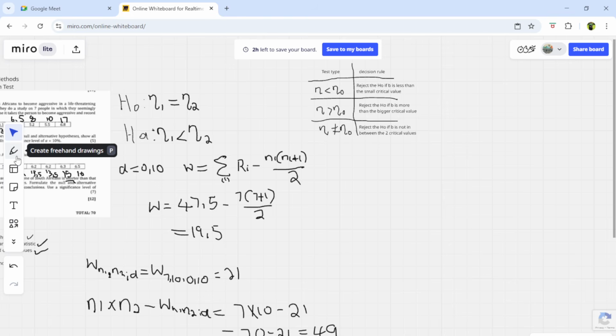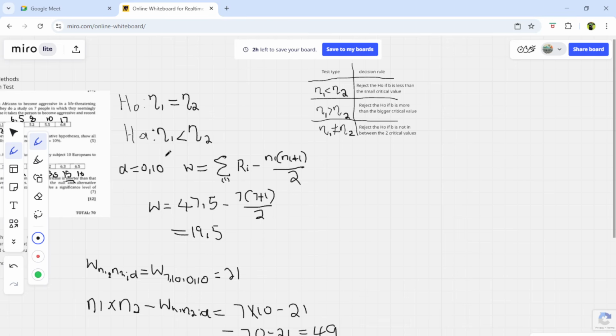And then I'm just going to edit it, because we're dealing with two populations. I'm going to say N1 here, N2 here, 1 here, 2 here, 1 here, and 2 here.